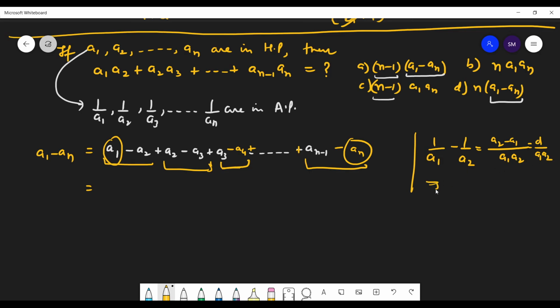So the value of a2 minus a1 will be equal to what?